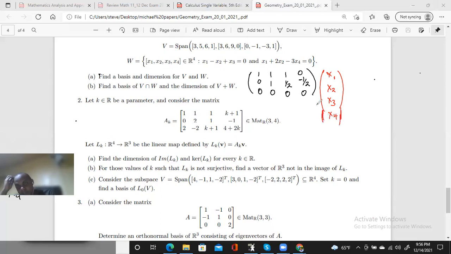Let's see what's going to happen to it. It's going to be taken to R3.